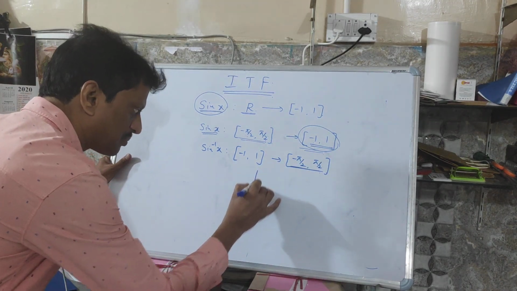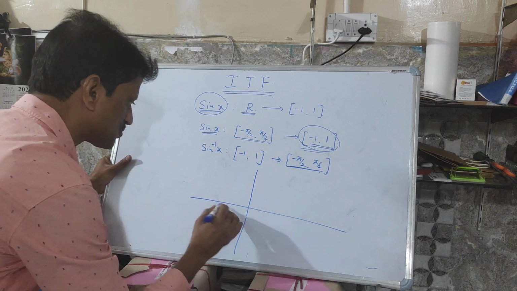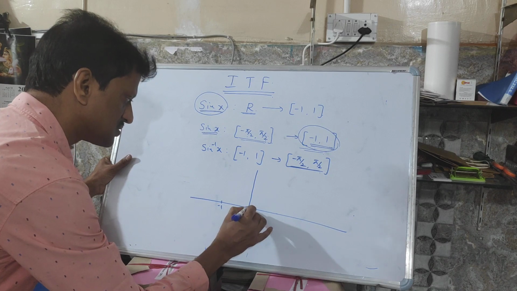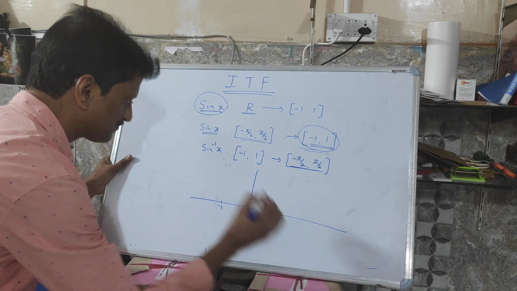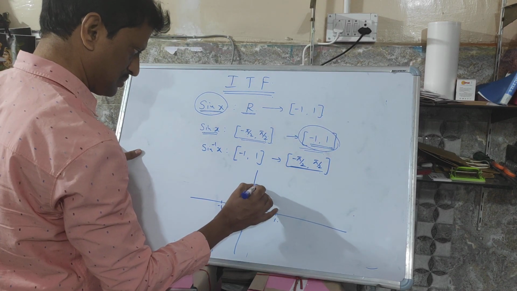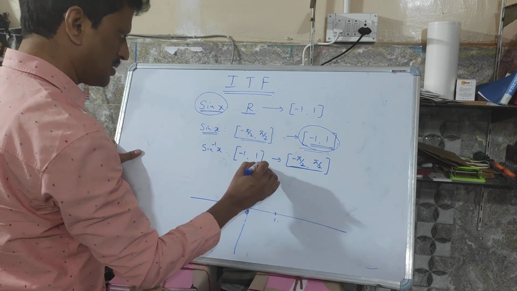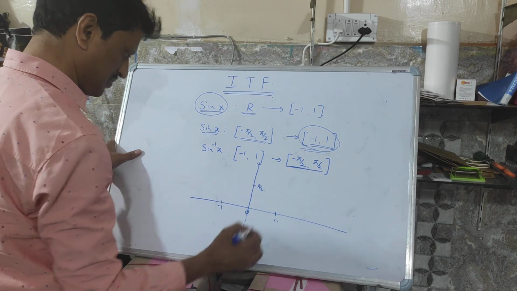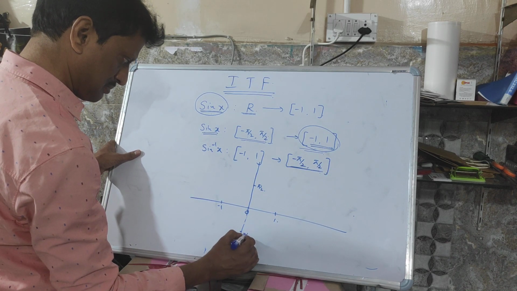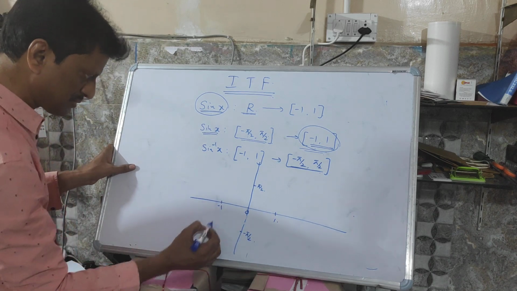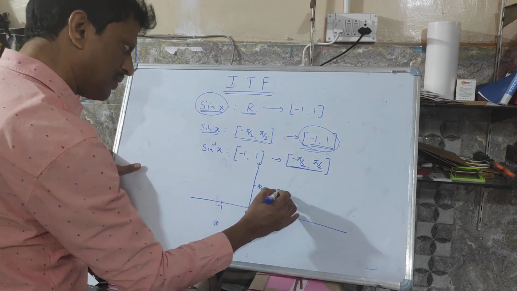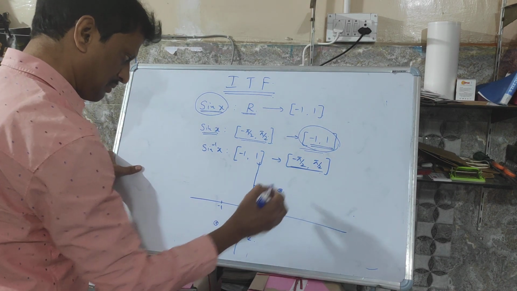For this I am plotting its graph. So on the closed interval -1 and +1 I am taking equal distance, and as the unit interval on the y-axis I am taking pi by 2. Also, we don't need pi right now, only -pi by 2 and pi by 2. So here -1 corresponds to -pi by 2, and at 1, pi by 2.